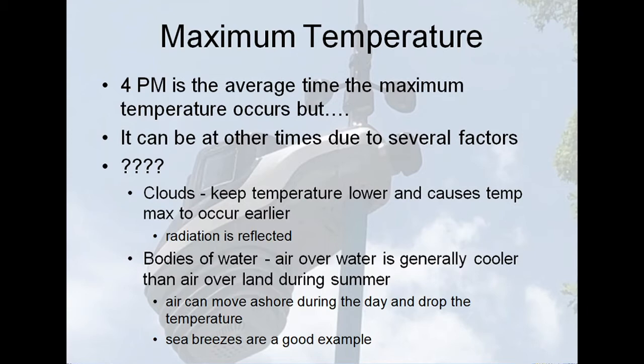If you had a clear morning, say clear up till 10 o'clock or noon, and a lot of incoming solar radiation, sun just as bright as it can be, heating up the air, and then all of a sudden the front approaches, you got clouds. Clouds just start to build up from the heating. You get the cloud cover, then all of a sudden you have less incoming solar radiation. Then your maximum temperature can be earlier in the day. Same thing at nighttime.